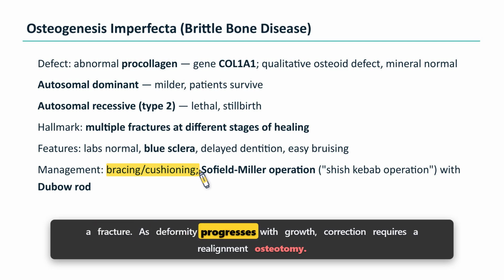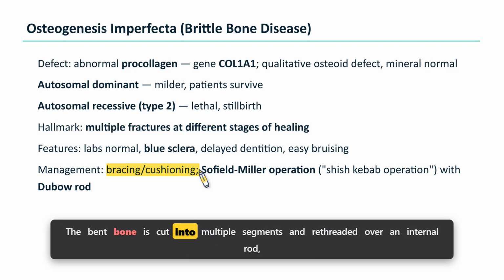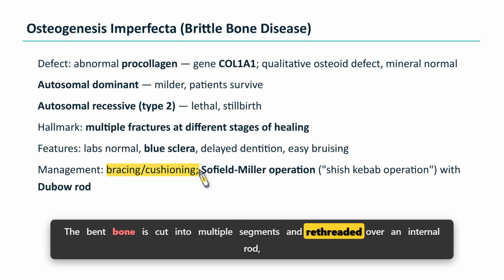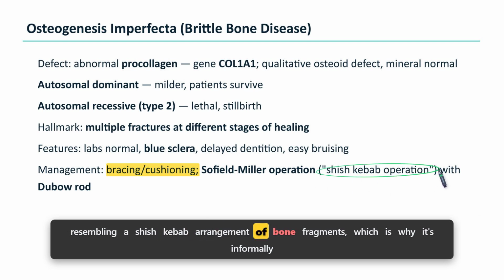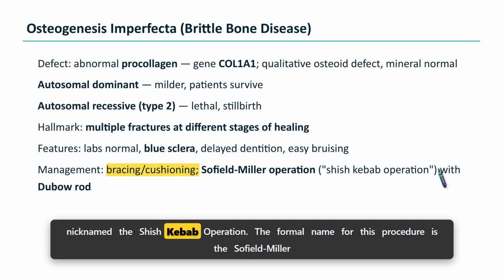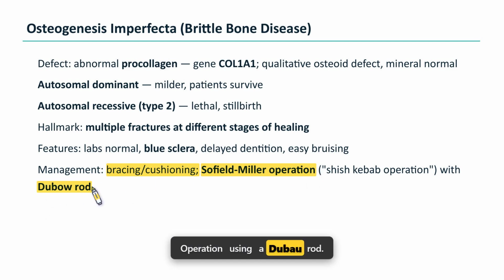As deformity progresses with growth, correction requires a realignment osteotomy. The bent bone is cut into multiple segments and rethreaded over an internal rod, resembling a shish kebab arrangement of bone fragments, which is why it's informally nicknamed the shish kebab operation. The formal name for this procedure is the Sofield-Miller operation, using a Dubow rod.